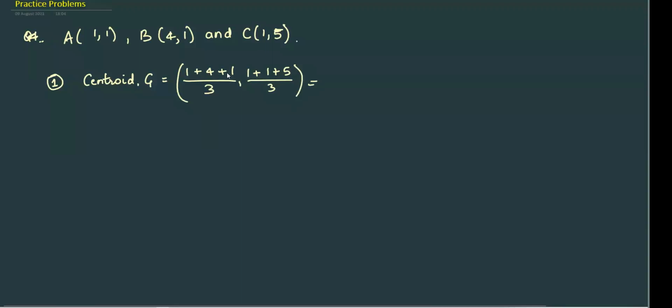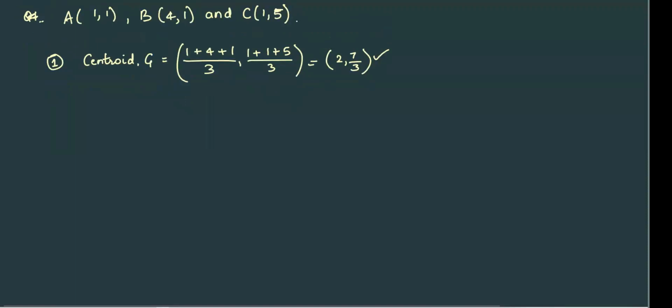So 4 plus 2, 6 upon 3 is 2. 5 plus 2, 7 upon 3 is 7 by 3. So this is the correct answer, and this answer is not there in any of the options. So it is none of these. So both of you have marked correct.